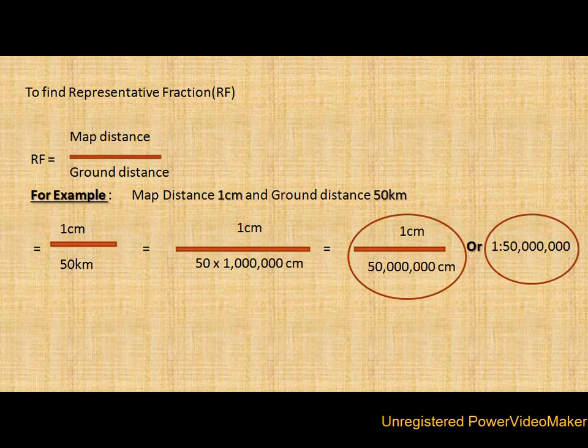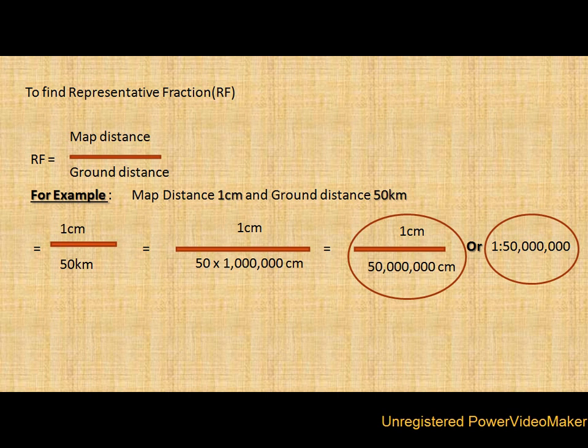So here we are going to find how to calculate the RF ratio. For that we have one formula, map distance upon ground distance. For example, the map distance is 1 centimeter and the ground distance is 50 kilometer.